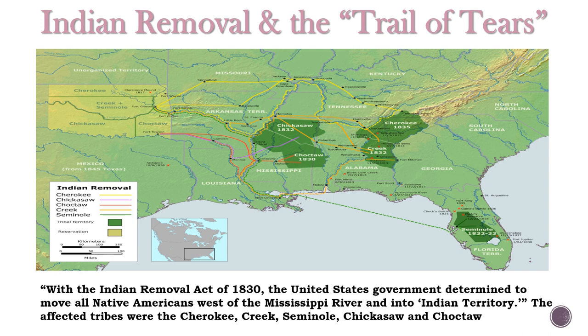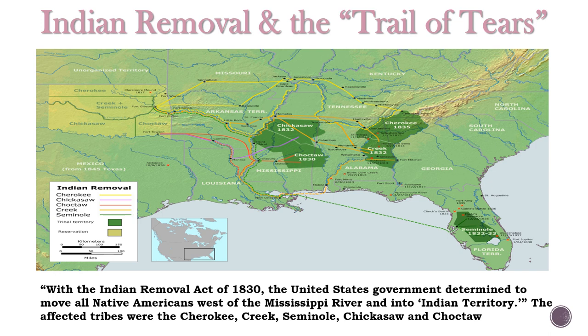I'll start with our usual quote from Professors Bentley and Ziegler, with the Indian Removal Act of 1830, which means Congress passed a bill, President Jackson signed it into law. The United States government determined to move all Native Americans west of the Mississippi River and into Indian Territory. The affected tribes were the Cherokee, Creek, Seminole, Chickasaw, and Choctaw.